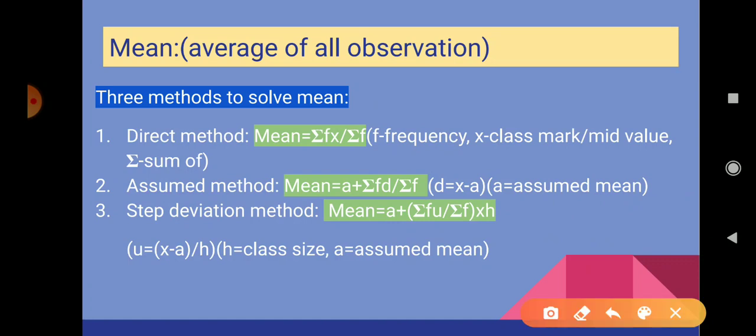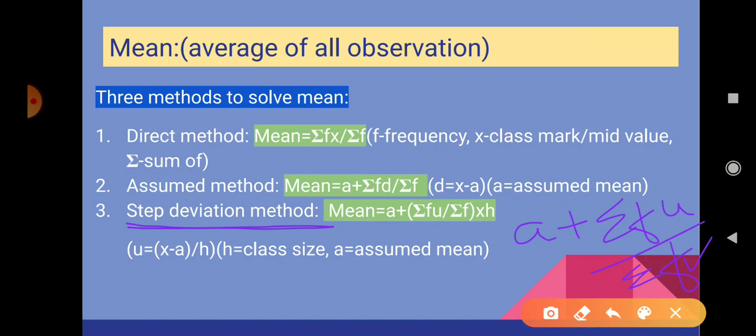Next, the last one, the step deviation method. The formula is mean is equal to a plus sigma fu divided by sigma f, multiplied by h. Observe that the denominator is the same in all three cases: sigma f.